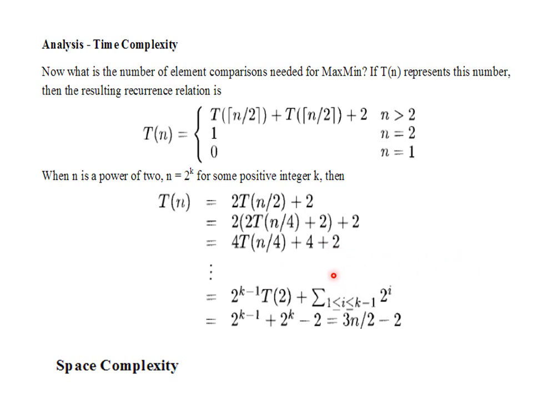But 2 to the power 0 is not there, that is why 2 to the power k minus 2. So 2 of 2 to the power k minus 1 into T of 2, and the entire thing we can replace by 2 to the power k minus 2. I hope you understood this, because we have solved many similar problems in our previous classes.